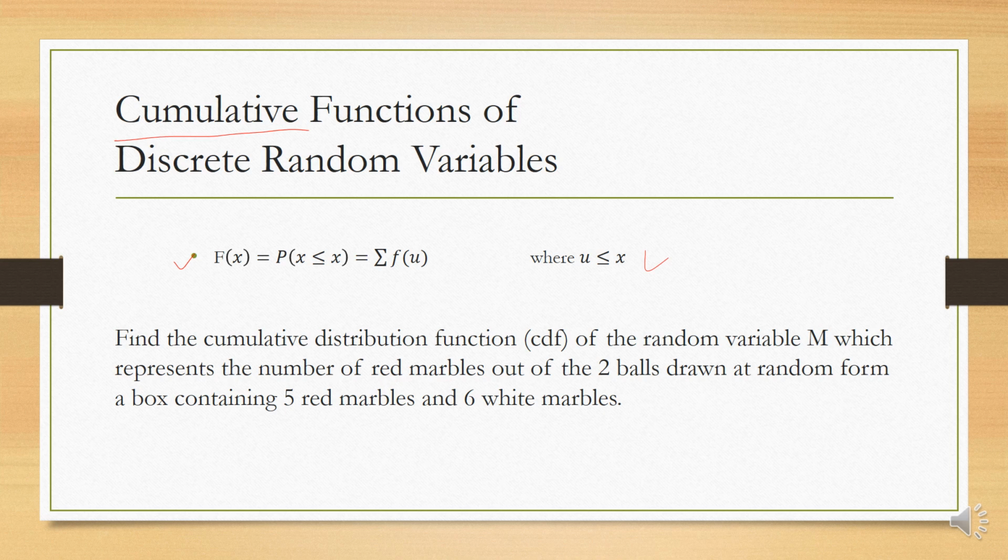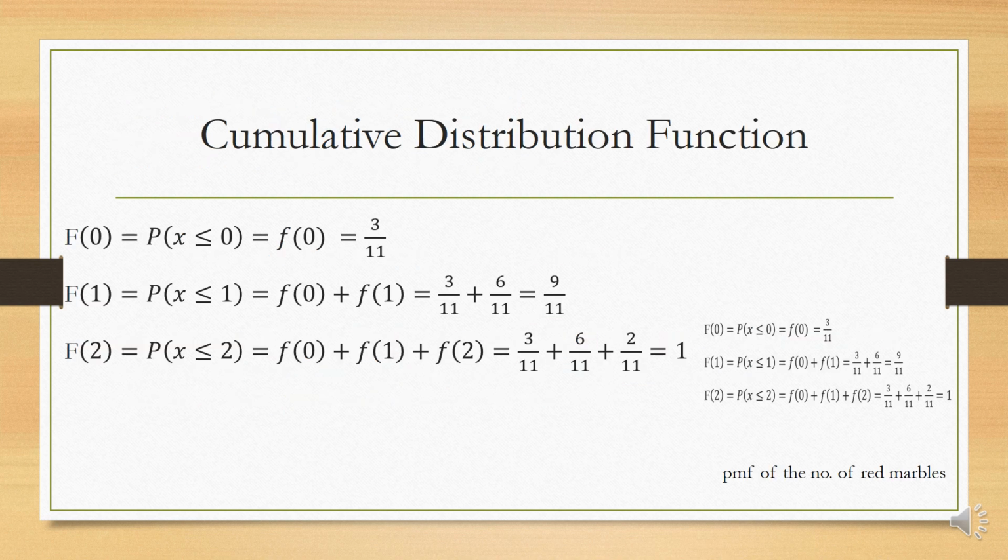Okay? So, example natin, yung last natin na marbles sa box, we are asked to find the cumulative distribution function or the CDF of the random variable m, which represents the number of red marbles out of the 2 balls drawn at random from a box containing 5 red marbles and 6 white marbles. So, ganito ang mangyayari. Kapag big letter F tayo is for the cumulative, no?